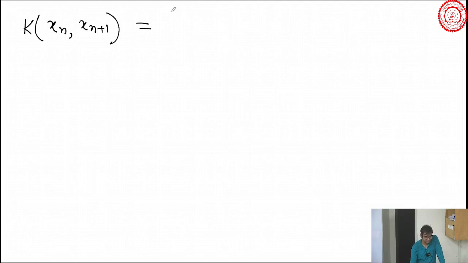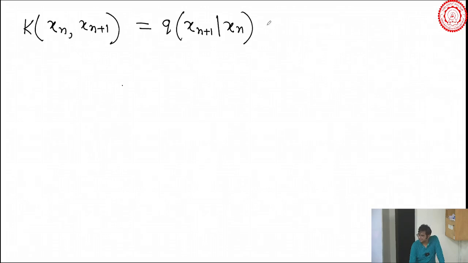So accordingly, if it is accepted, then it's straightforward. If it is accepted, then y is xn plus 1. So it is q of y given xn, this is where you are sampling from, multiplied by the probability that it will be accepted, it is not always accepted.